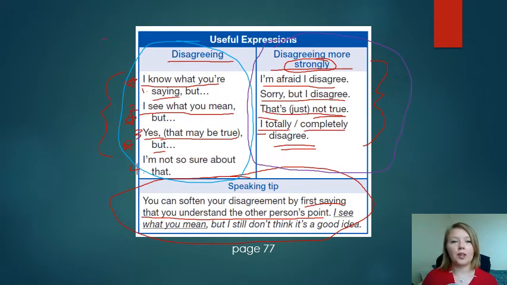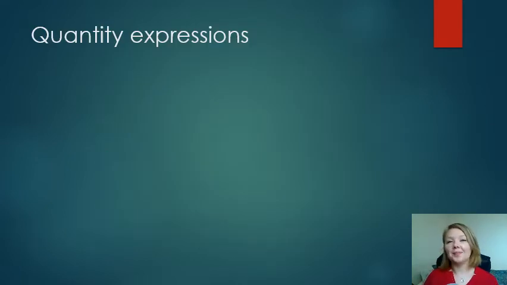If you are disagreeing with your boss or teacher or some formal situation, you can use these. You can use these strong disagreements with your friends and people close to you. All right, that's it for disagreeing.